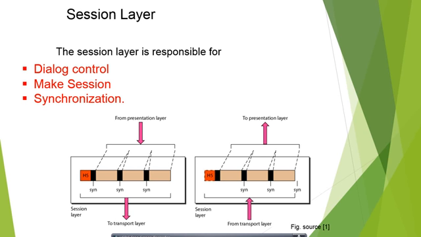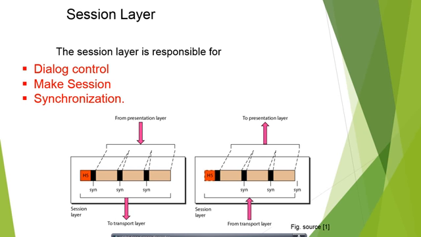It allows the communication between two systems either in half duplex mode or full duplex mode. The next responsibility is making sessions. This layer establishes, manages and terminates the session between two remote hosts.